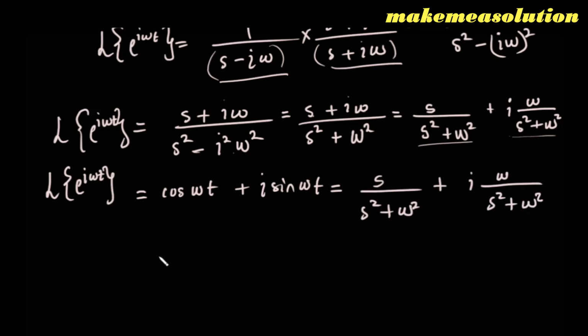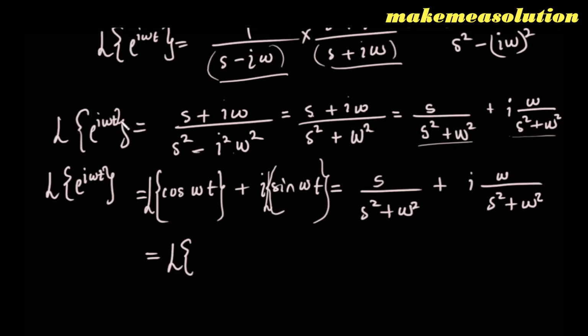You agree with me that this is also the Laplace transform of this one over here. So this was what we established right from the beginning, that the Laplace transform of exponential i omega t is the Laplace transform of cos omega t plus i times the Laplace transform of sine omega t.